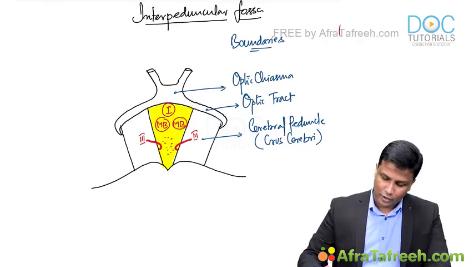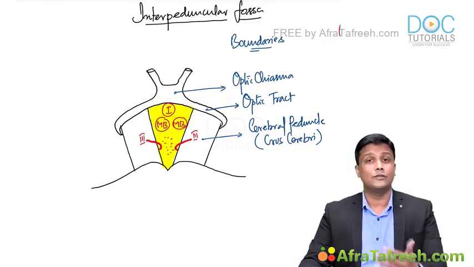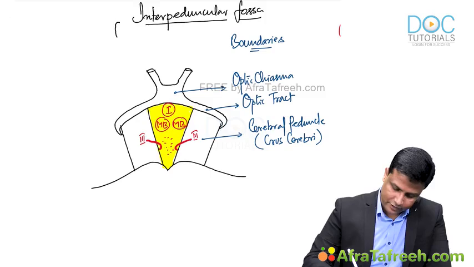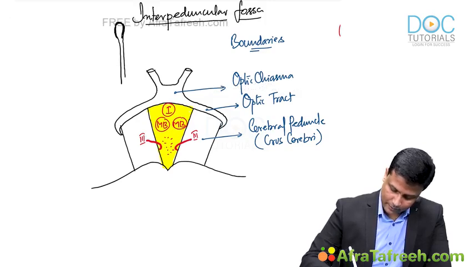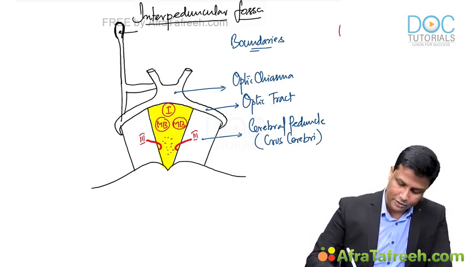Now one thing I want you all to understand here is, if there is a posterior perforated substance, obviously you will also have the anterior perforated substance. Now where is that? In this diagram, for example, here you will have your olfactory bulb, and that will continue here as the olfactory tract, and this olfactory tract will be splitting here into the stria. Okay, so let me just mark here, guys.